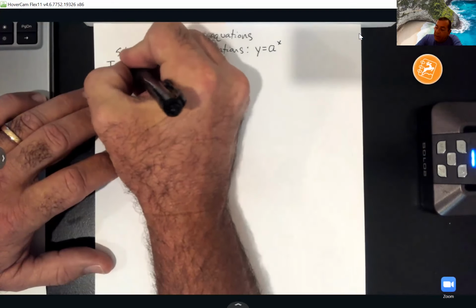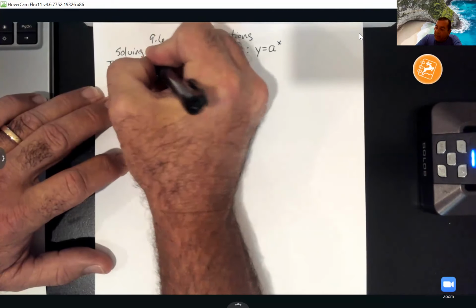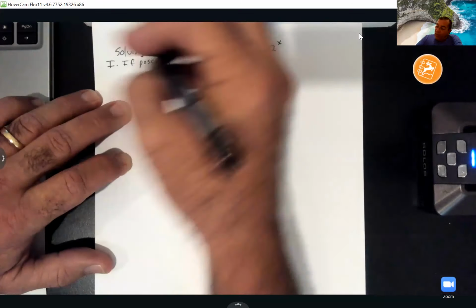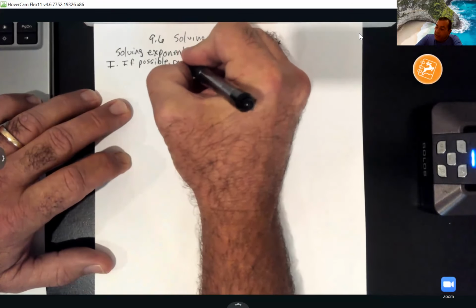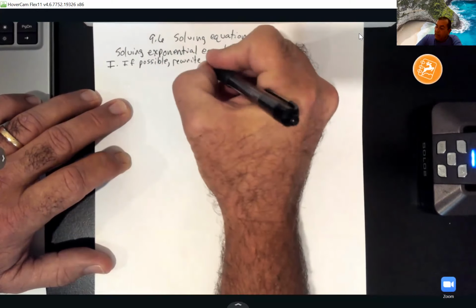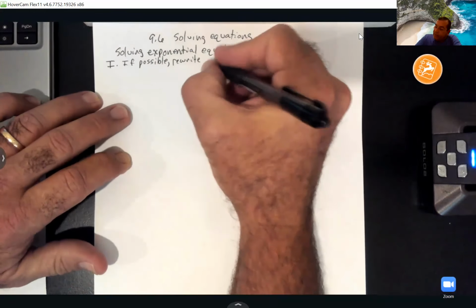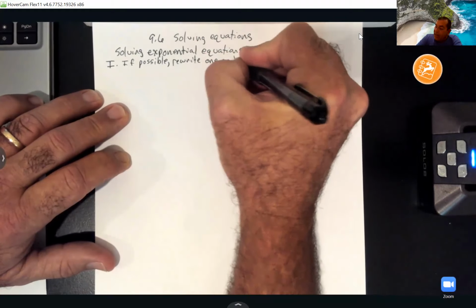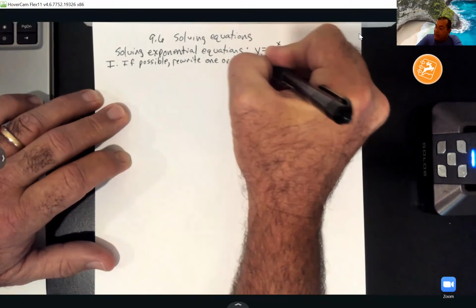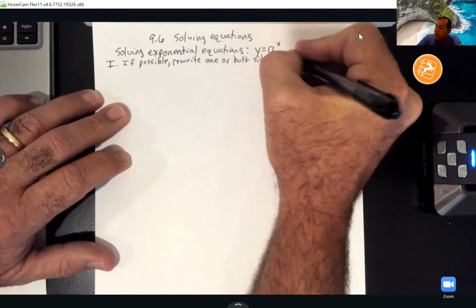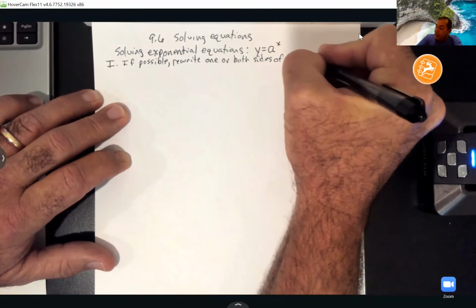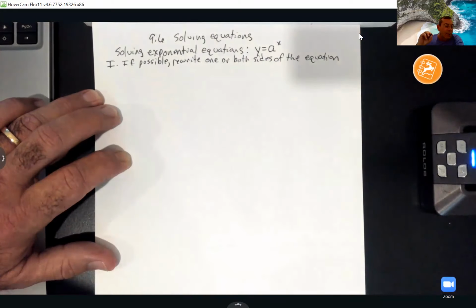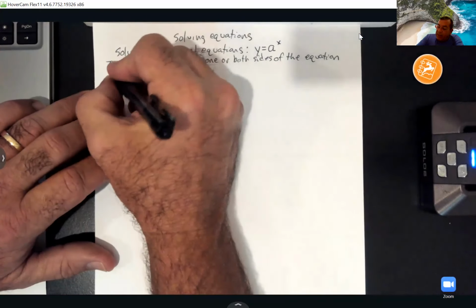So if possible, rewrite one or both sides of the equation using the same base.